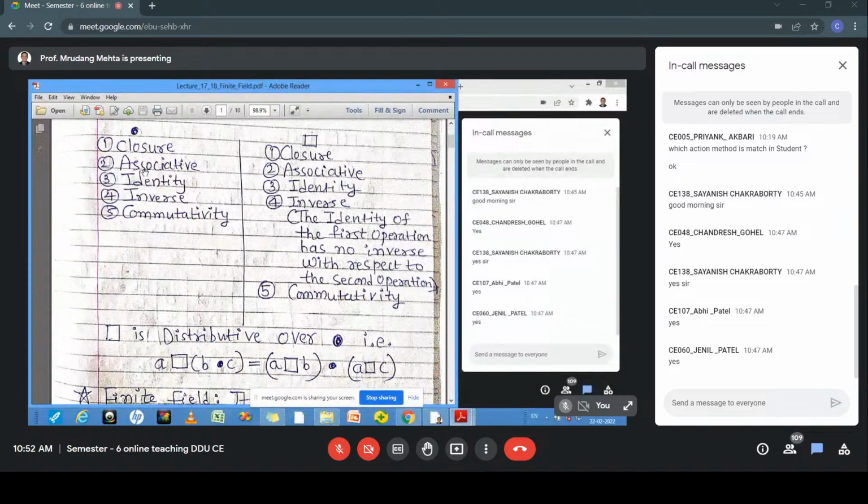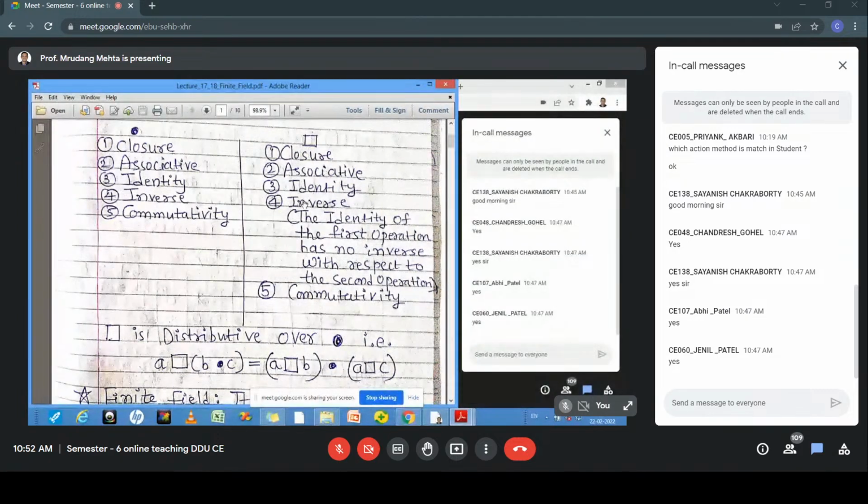What is the structure, what is it called when it satisfies these properties? In elliptic curve cryptography, there is a concept of group and there is a concept of abelian group, right? So in that context, you have studied these properties and they are applicable over here.